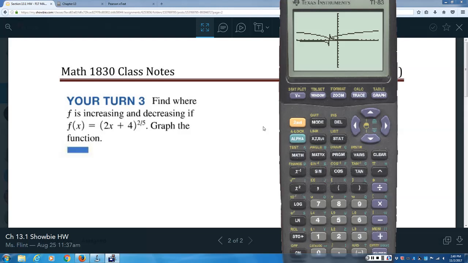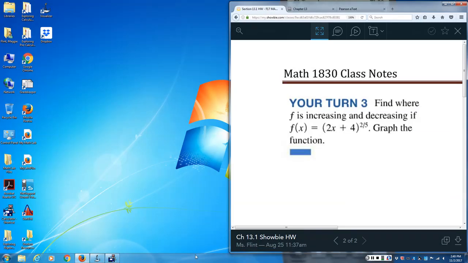What do you know about the derivative of a function that comes to a sharp point? It's not defined. There is no derivative when it comes to the sharp point. It looks to me like the derivative has an asymptote at that point. And that actually is true.